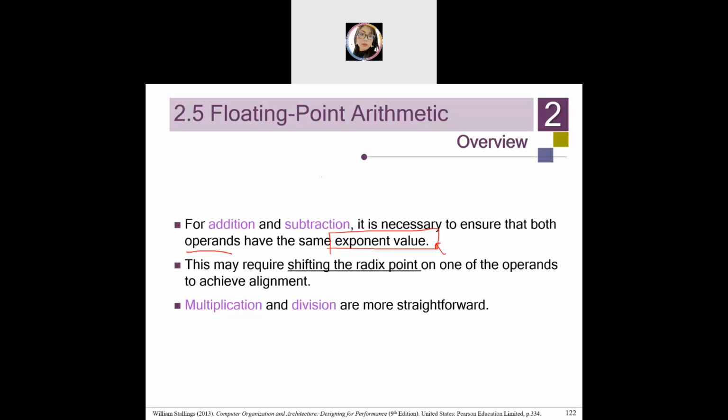You want to add two number. 1.2 times 10 to the power of 2, let's say. Plus 1.2 also, but you times with 10 to the power of 3. How are you going to do? You need to make sure the exponent is similar first, right? Then you can add the value, isn't it? So similar also in this COA subject, you need to make sure that the exponent value is similar first, then you can do the addition and subtraction. Okay?